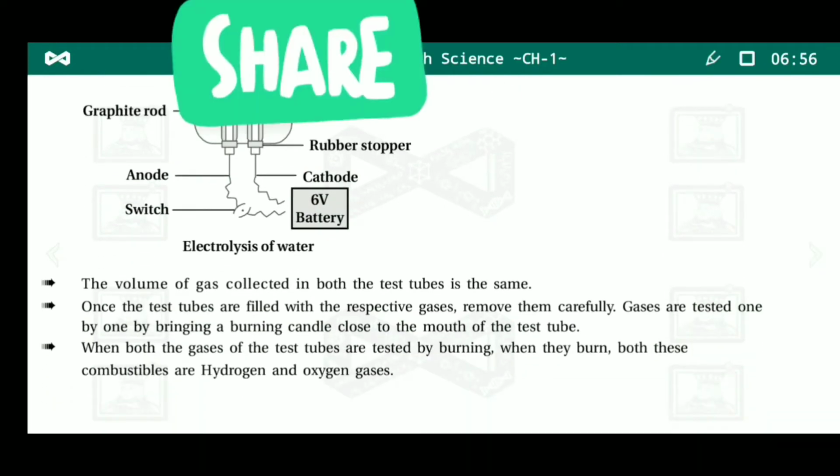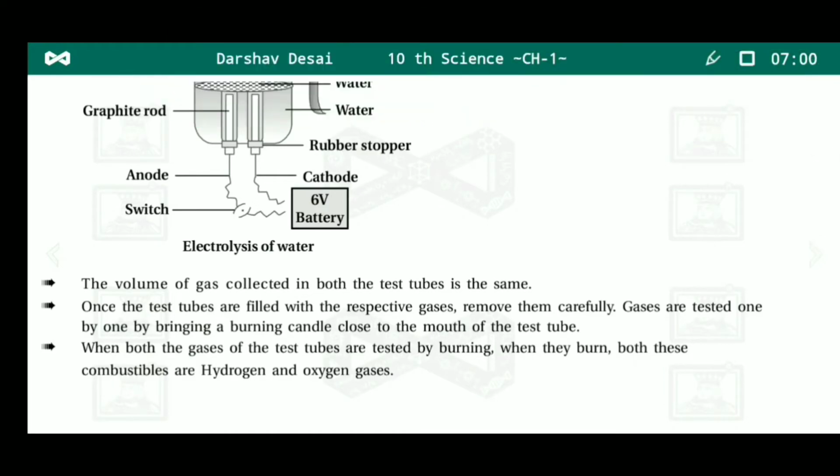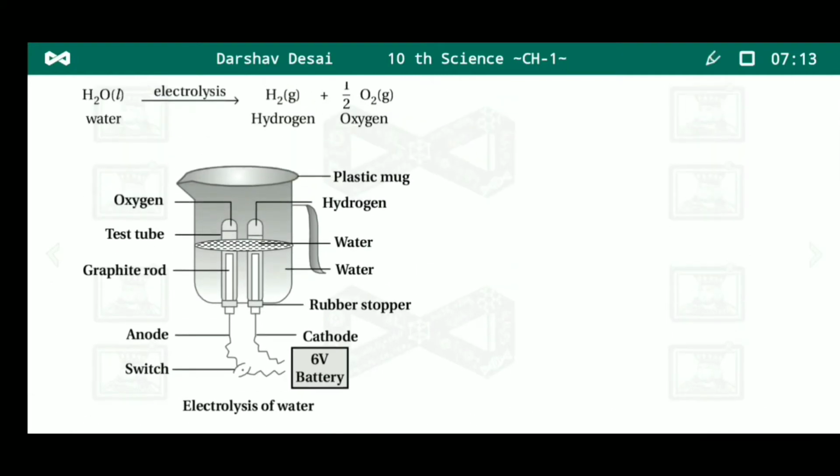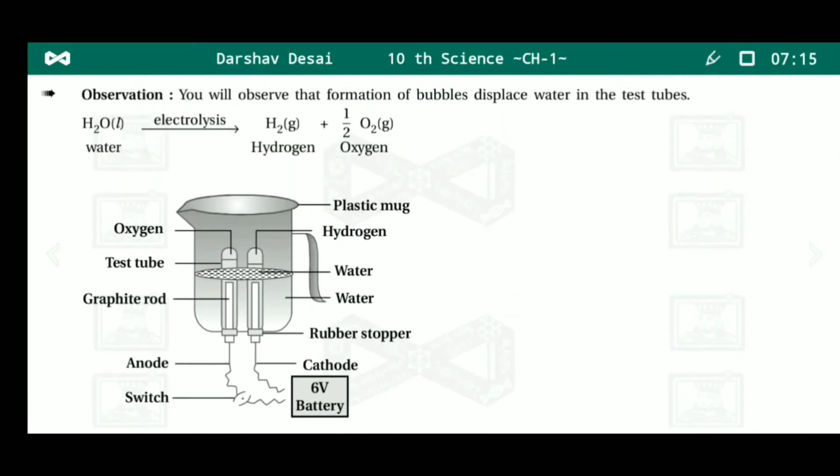Bringing a burning candle close to the mouth of the test tube, when both gases are tested they burn, since both hydrogen and oxygen are combustible.